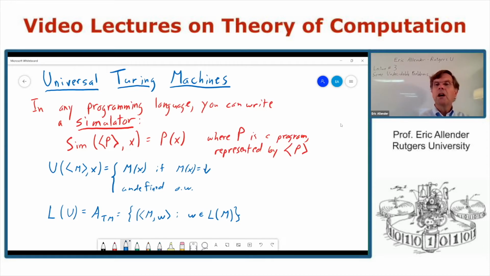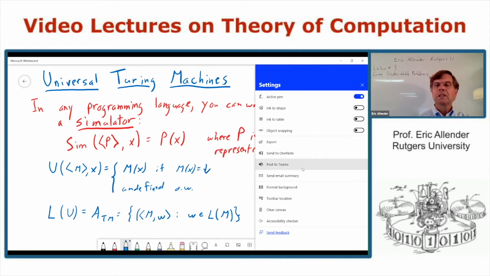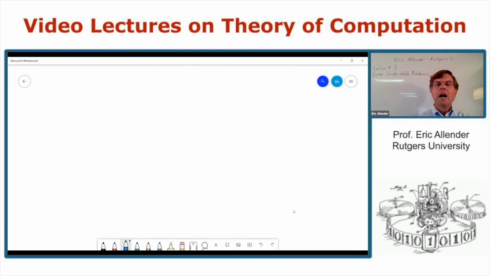Now let's move on to the question about what are some examples of things that are undecidable. The first thing that we should note before we give any specific examples is that there are only countably many programs, because what is a program?